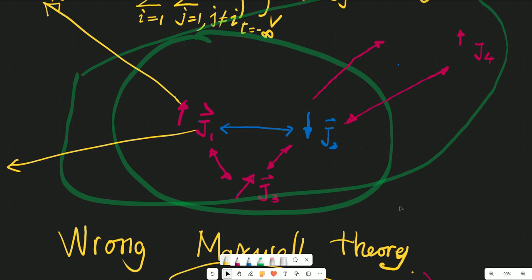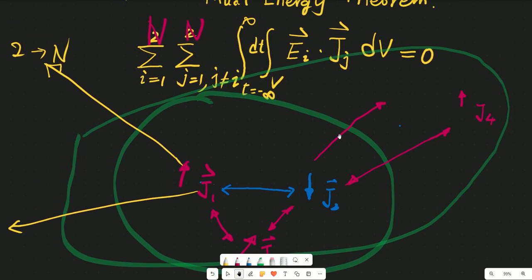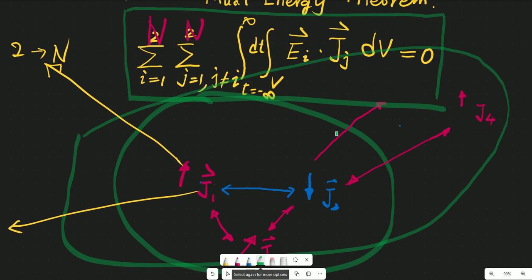However, I think, just using my brain to think about these problems, I believe this energy conservation law should be correct. If this energy conservation law is correct, the Maxwell theory should be wrong somewhere.